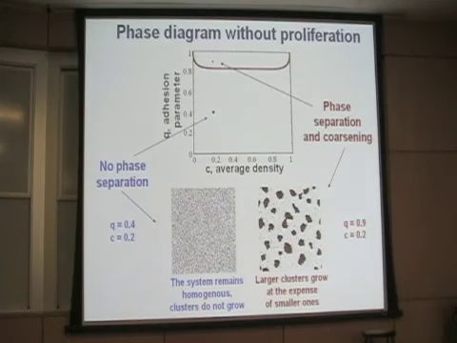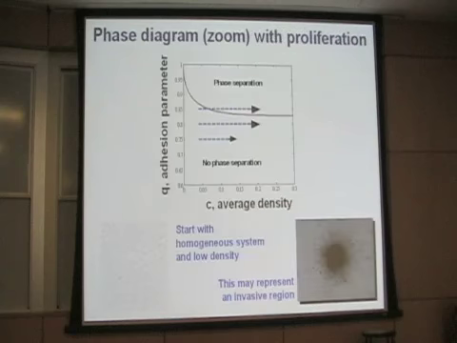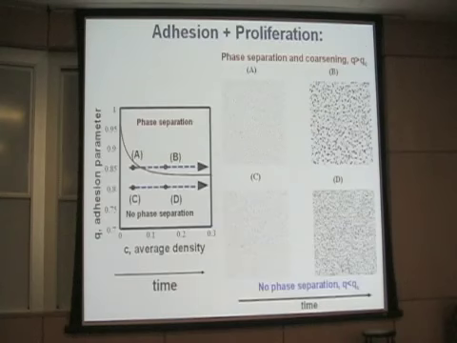On this phase diagram, there are two qualitatively different regions. Below the critical value of adhesion, the homogeneous state remains homogeneous with time. However, above the critical value of adhesion, there is phase separation, and large clusters grow just by coarsening. However, of course, proliferation is not 0, so let us turn on proliferation.